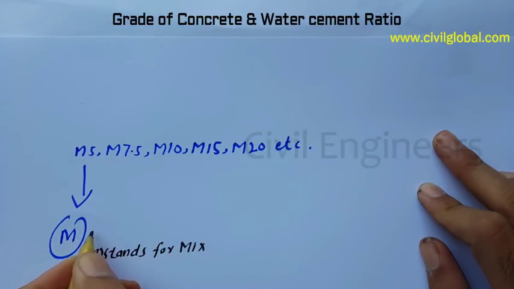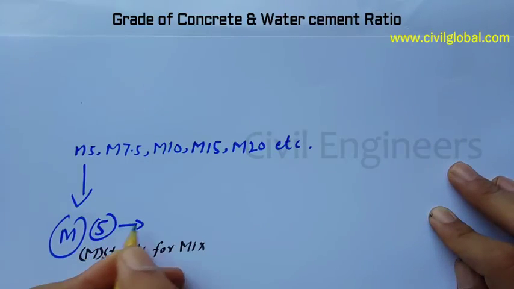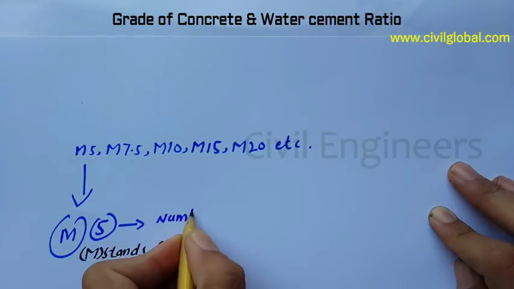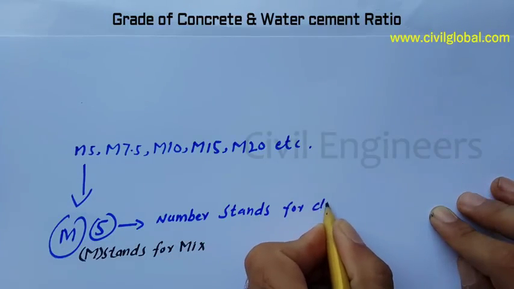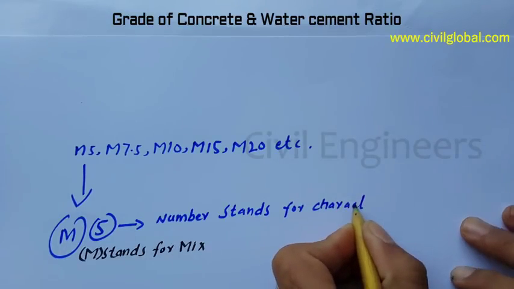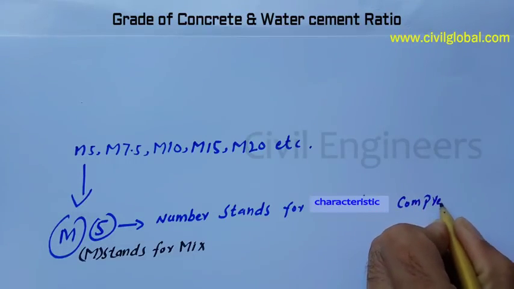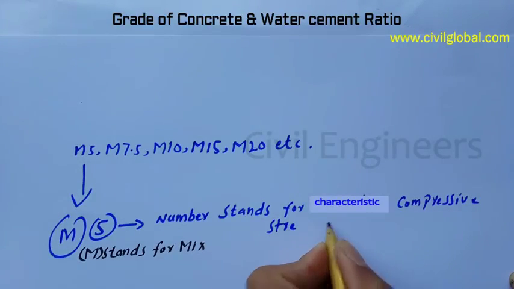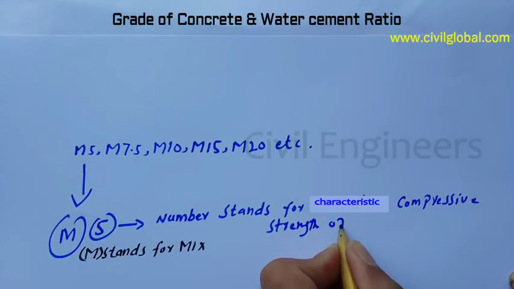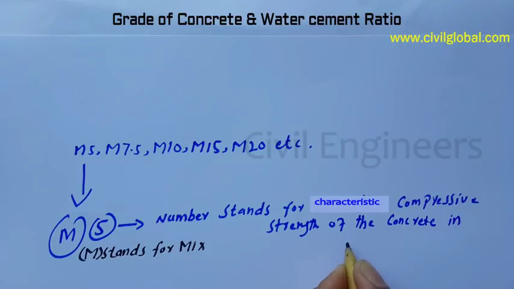For example, in M5, the number stands for the characteristic compressive strength of the concrete in 28 days.